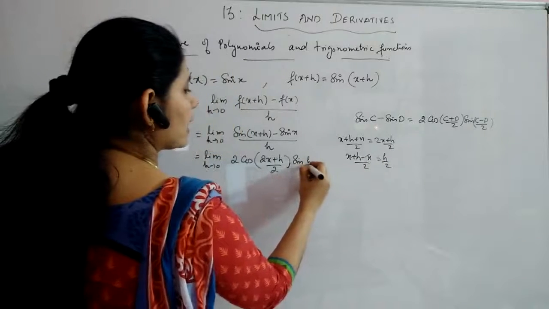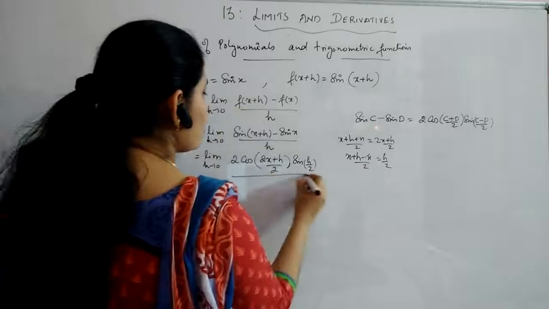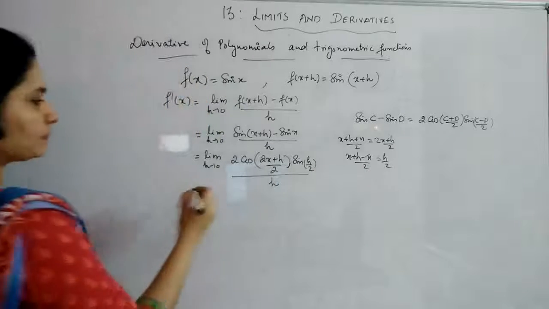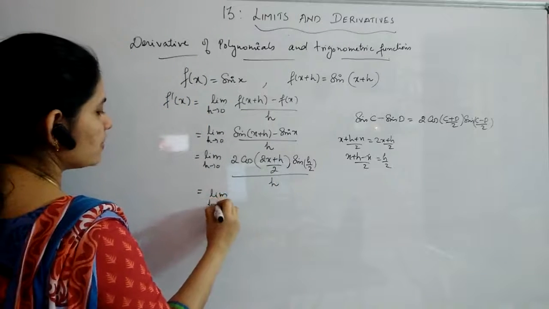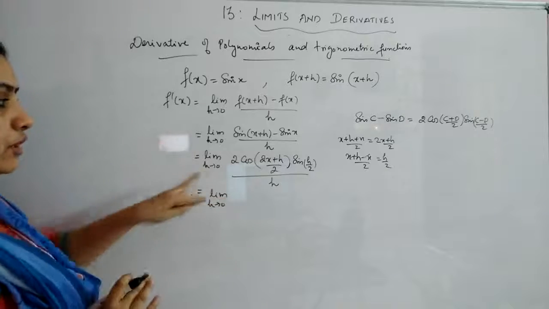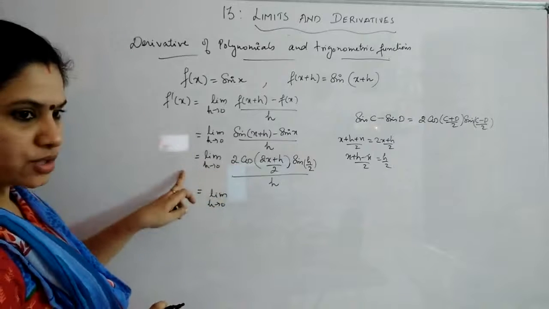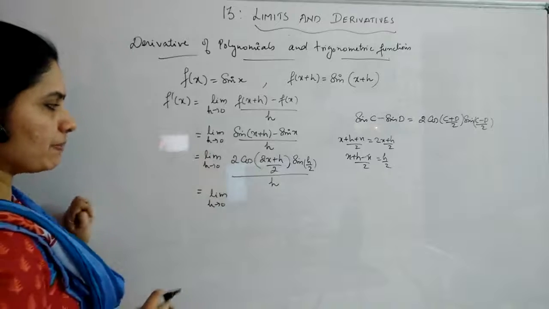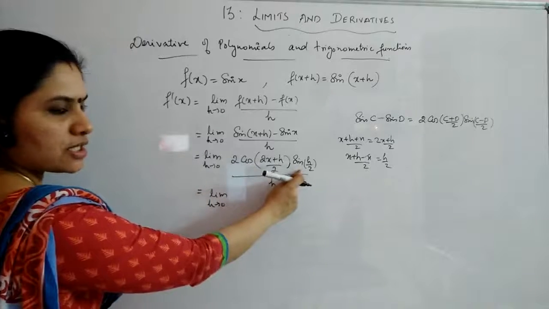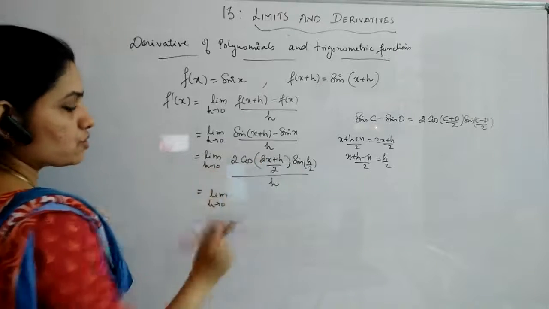Okay, so the second angle becomes sin of h by 2 whole divided by h, which is equal to limit h tends to 0. Now if you want, you can take this 2 out also. And one more thing which you should remember is you have product of two functions and the limit can be given to 2 separately.